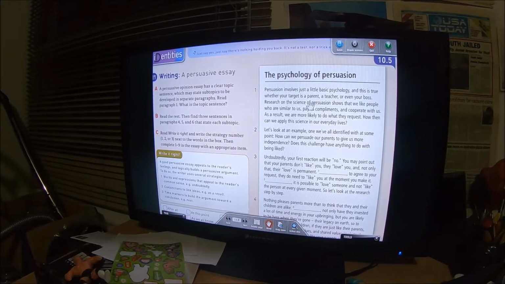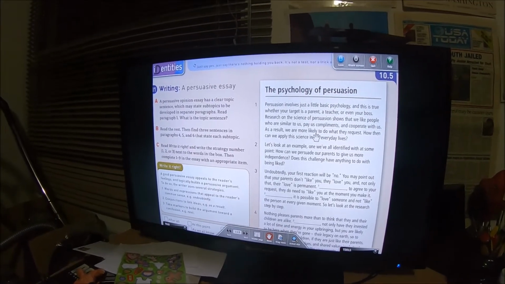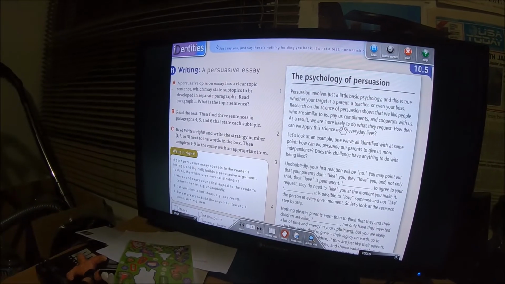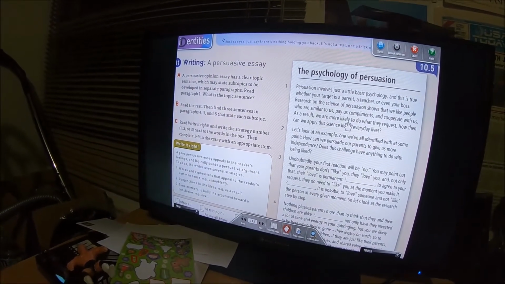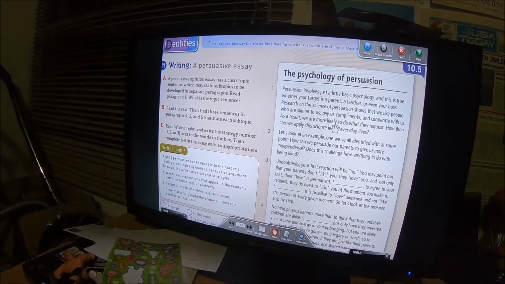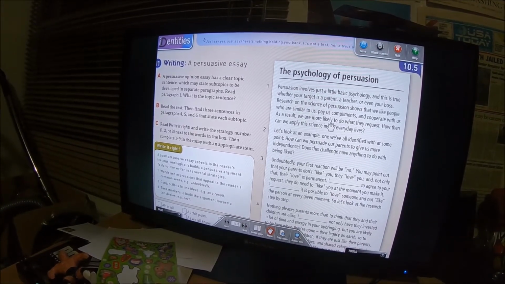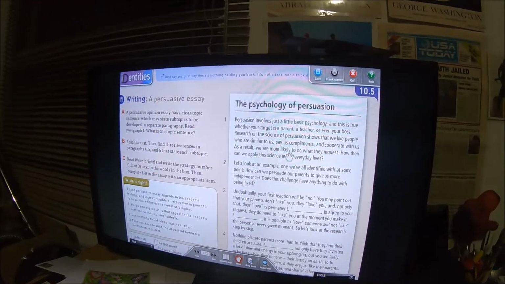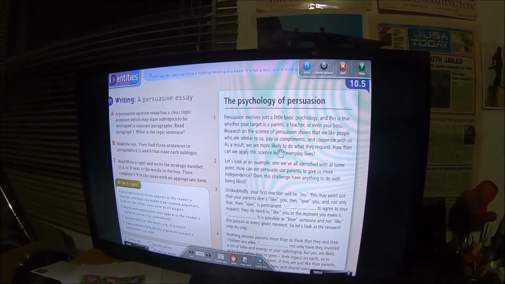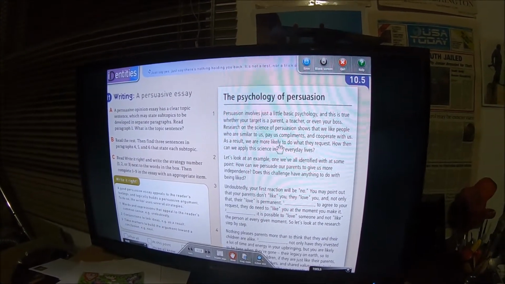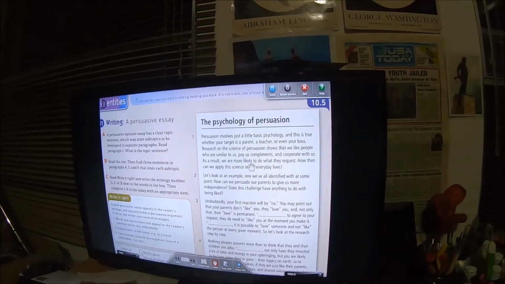All right, guys, by looking at this paragraph, which of these would be the topic sentence? What do you think? Can anybody tell me?